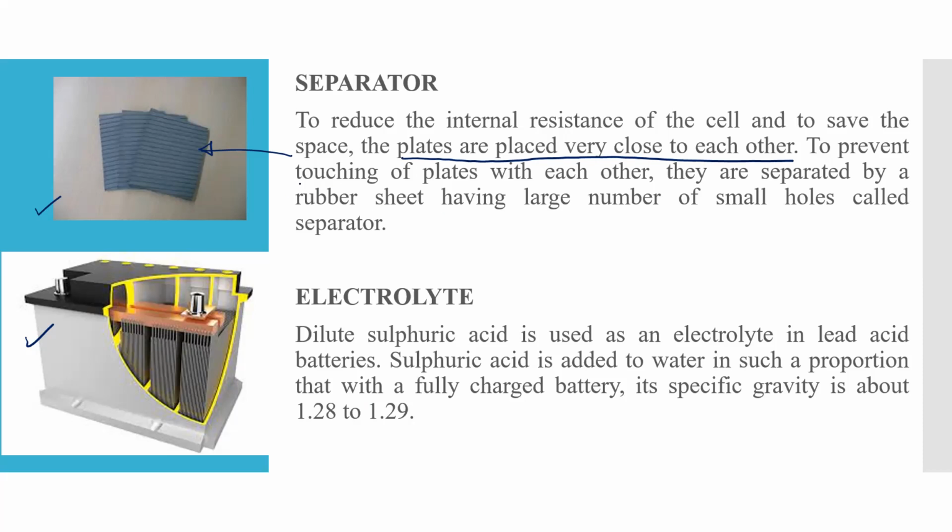And to prevent short circuiting of the plates with each other, they are separated by a rubber sheet or a relevant material having a large number of small holes, which is called a separator. That means it's porous, with very, very small holes. And we call it a separator.